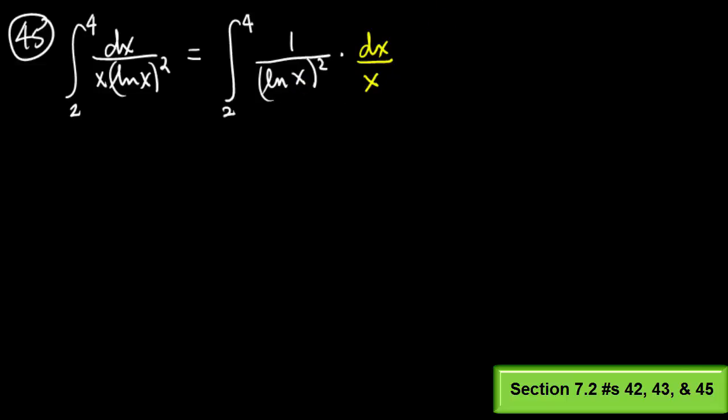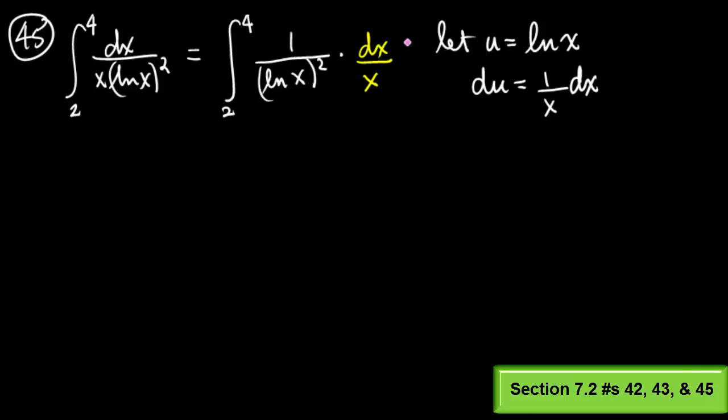So let u be the natural log of x. We can't let this whole thing be u. It has to be just the natural log of x, because that has to match with the du. So what's our du? du is 1 over x dx. There we have a match right there.